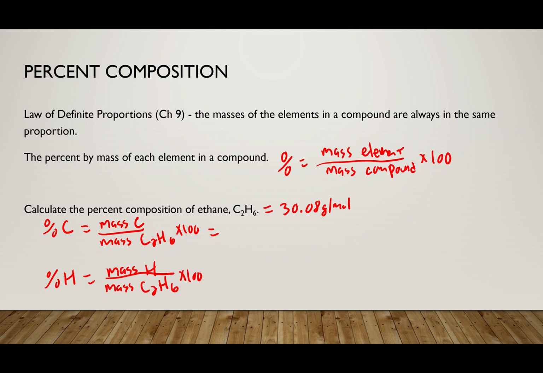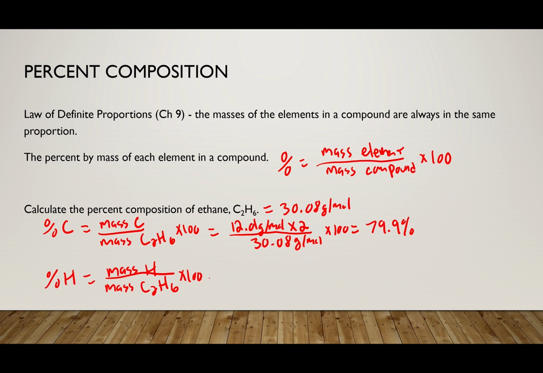There are 2 carbon atoms, so the mass of carbon would be its molar mass, 12.01 grams per mole, times 2, over the molar mass of the entire compound, times 100, which gets us a percent composition of 79.9%. So in ethane, this is approximately 80% carbon by mass.